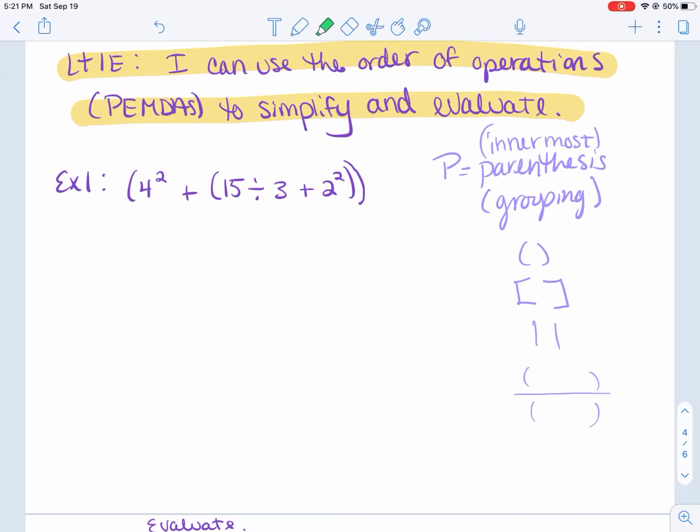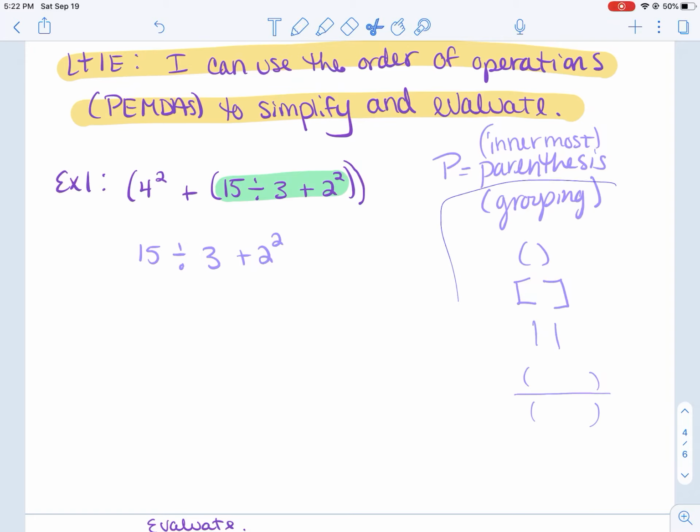So I'm going to start in my innermost set of parentheses, which is in here. All right, so we're going to treat this almost like it's its own problem. So we're going to do 15 divided by 3 plus 2 squared, and I'm going to forget about the rest of the problem, okay? Now that I've isolated this, the next thing I want to do is go through and look for any exponents.